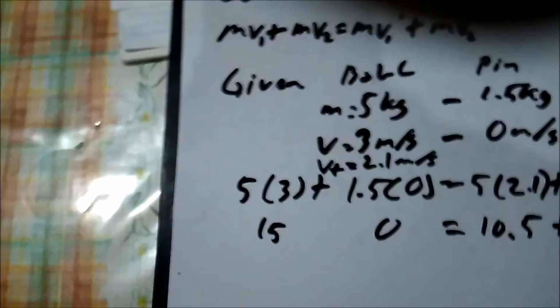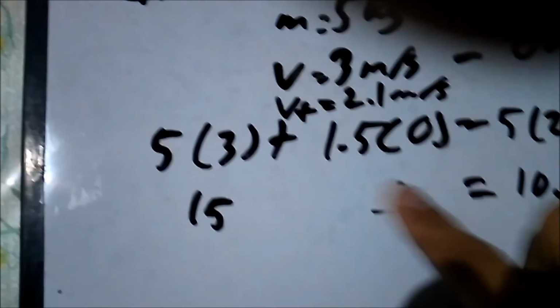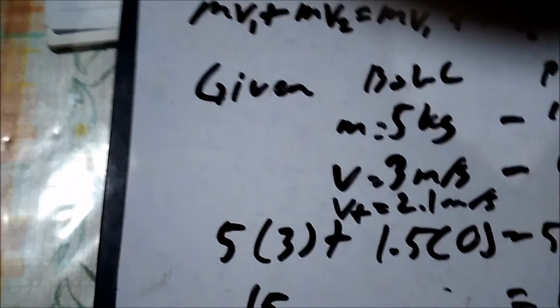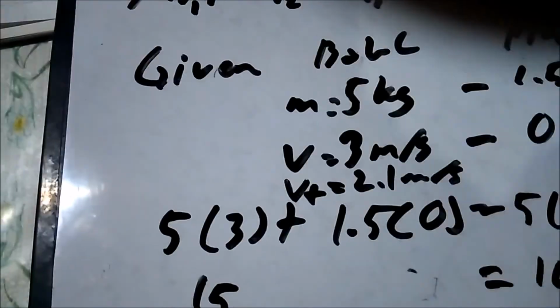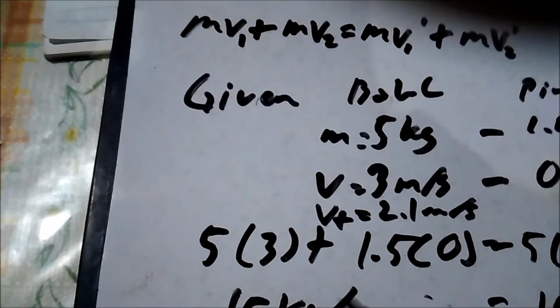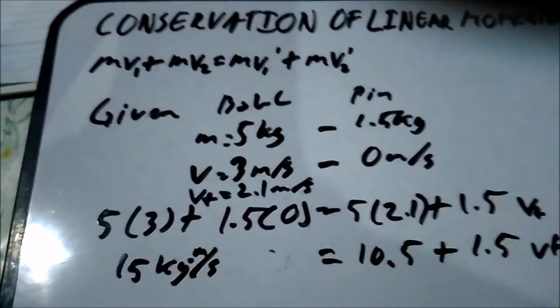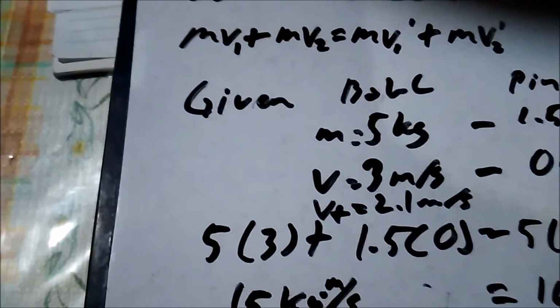I should erase this one because it's 0 anyway. Their unit should be kilogram meter per second, and this has the same unit, because mass multiplied by velocity equals momentum.